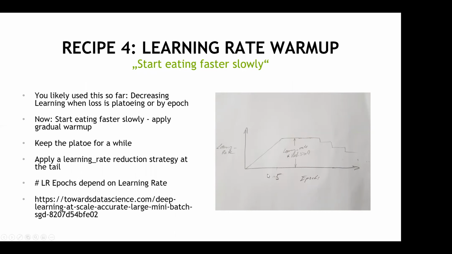In many samples, I've seen 5. In some other samples, I've seen 30. Then you keep the plateau, and then you usually apply a decay strategy of your choice. So that's essentially it. If you go into Keras, you find a learning rate warm-up scheduler straight out of the box. I think in the meantime most frameworks have it. Kind of all projects in the meantime make use of that one, I would say.